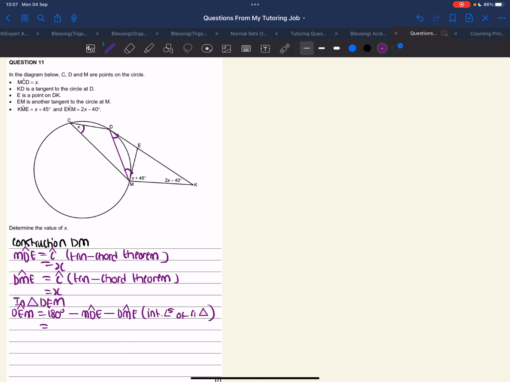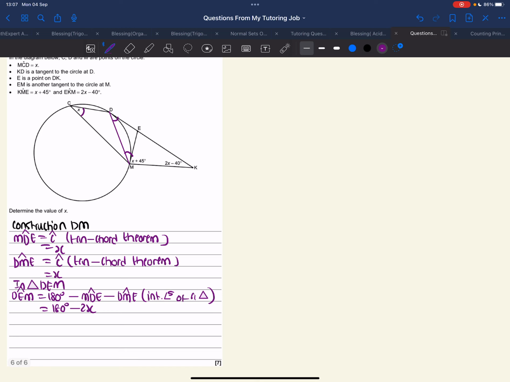So basically that answer is 180 minus 2x. So we found that the angle DEM is 180 minus 2x.